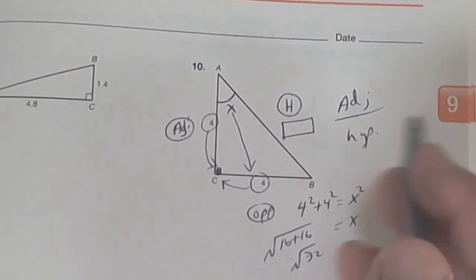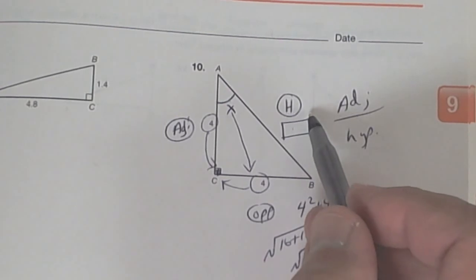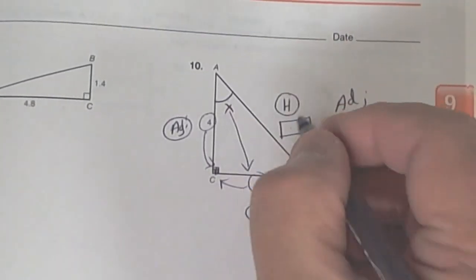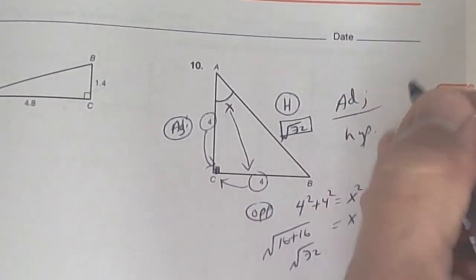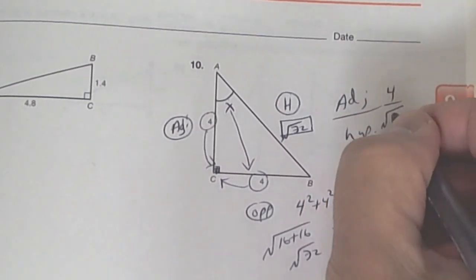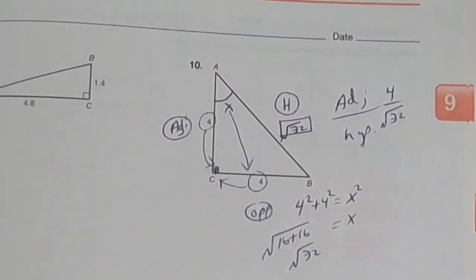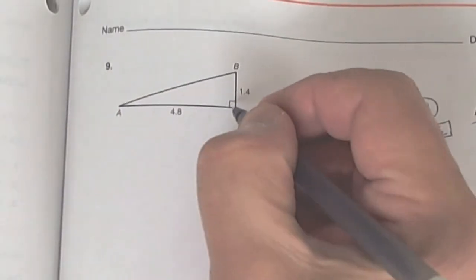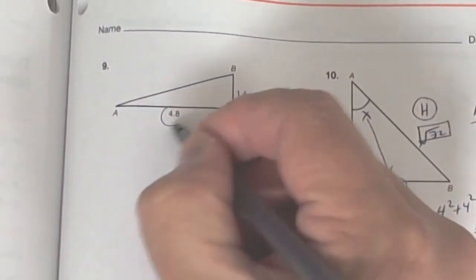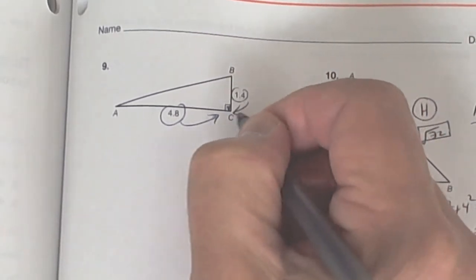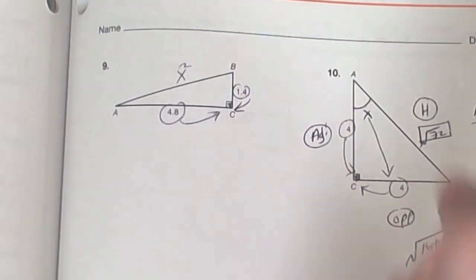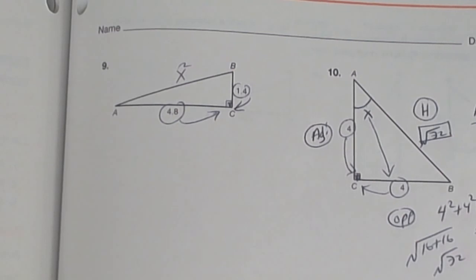So in this one, the adjacent over the hypotenuse is going to be 4 over the square root of 32. Okay? So if they don't give you the side, you have to use the Pythagorean theorem. All right? I'm sorry, you just have to do that. So like on this one, you would say this squared plus this squared is equal to x squared. Okay? So you have to find the missing side, and then you have to label the triangle.